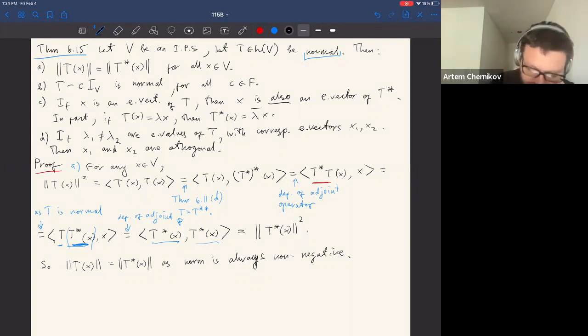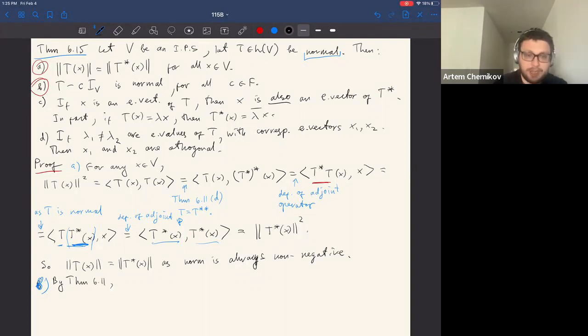Okay, now let's prove the second, B. We want to show that this operator T minus C times the identity is normal, no matter what scalar we take. Here we use properties of the adjoint and how it interacts with operations. This was theorem 6.11.